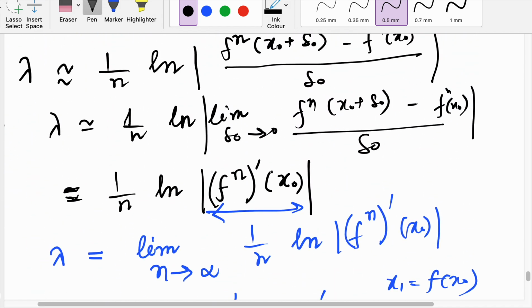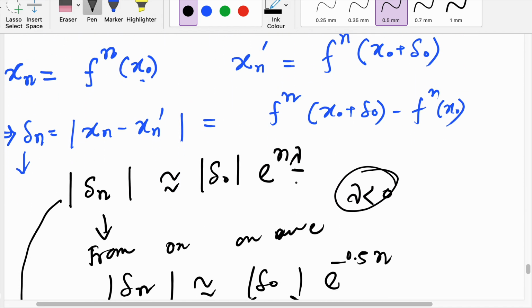From this logic, if delta n grows exponentially as n increases, as time or iteration increases, then we can say yes, the system has exponential growth.